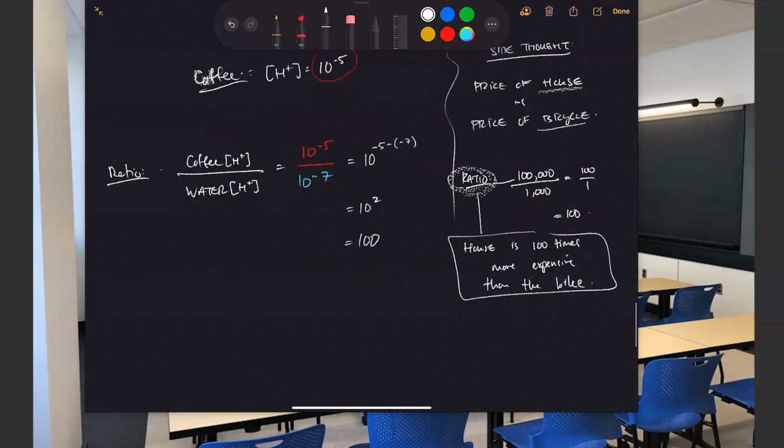So this means that coffee is 100 times more acidic than water.